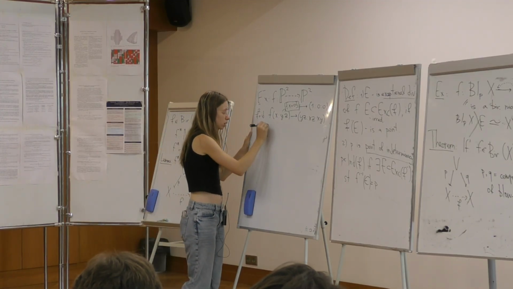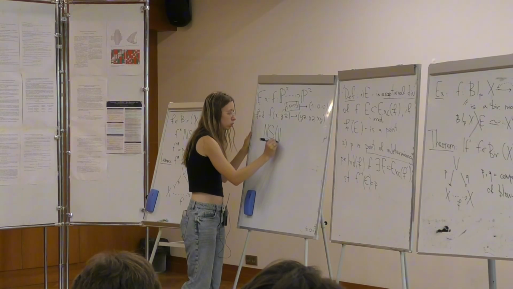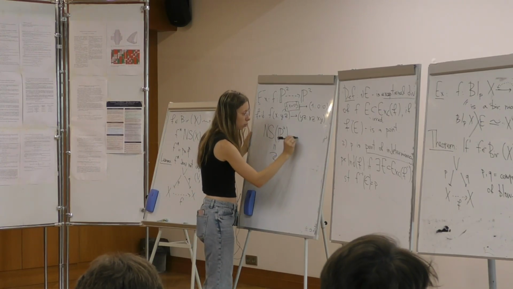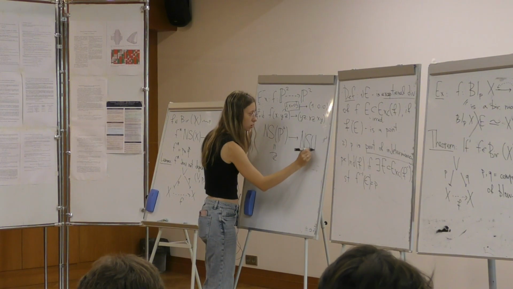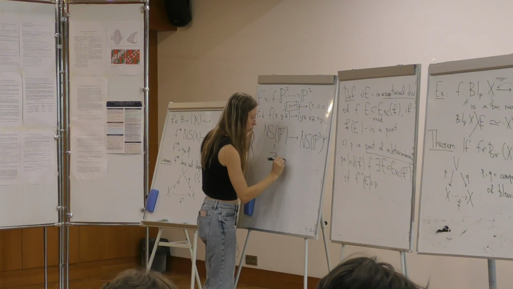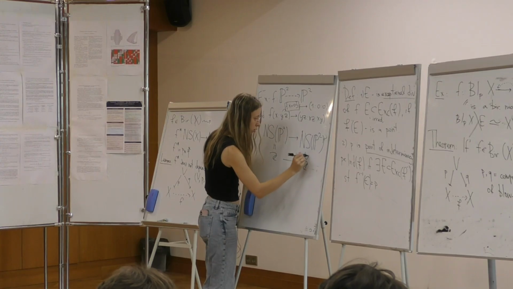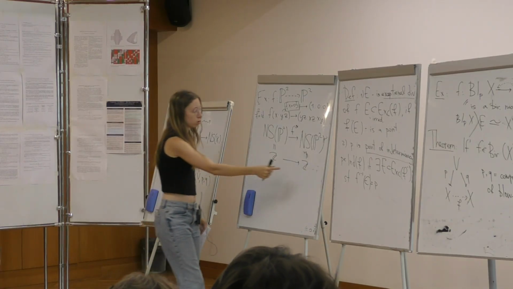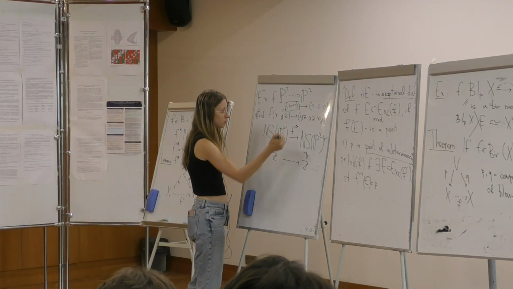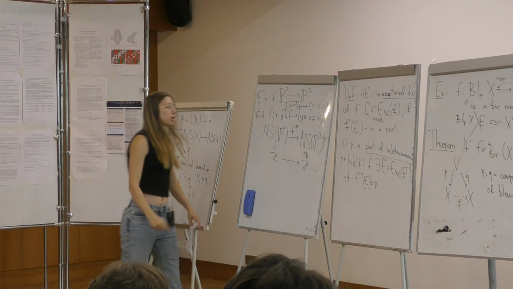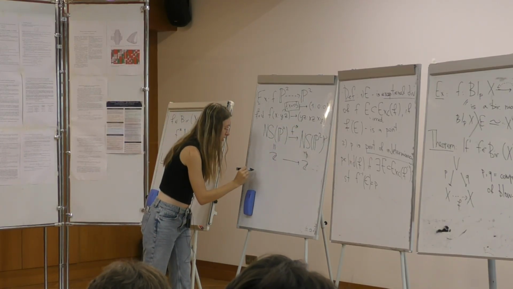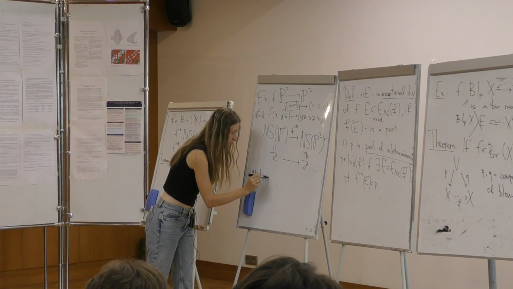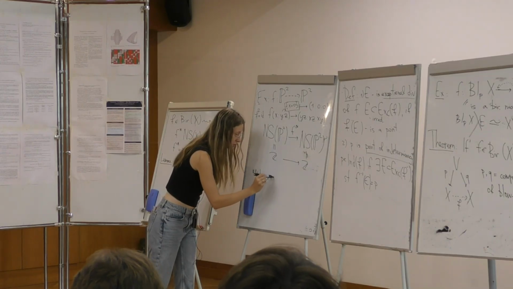So first of all, remember that the Néron-Severi group of P2 is Z. And we want to compute this operator. Consider the class of a general line, ax plus by plus cz equals 0.